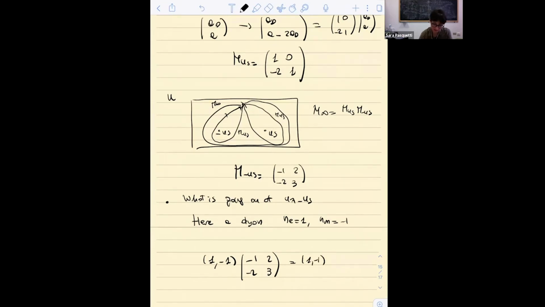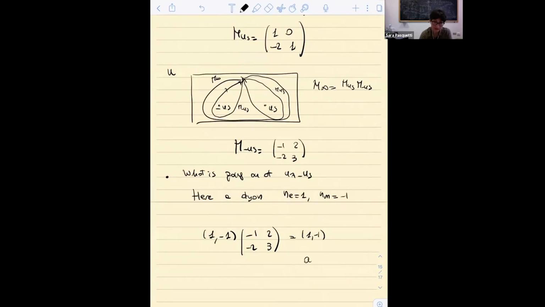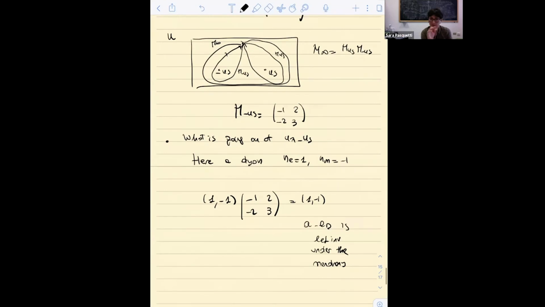So you can check that basically A minus A dual is left invariant under the monodromy. So this is the good coordinate that is left invariant by the monodromy around the point, so that's the good vanishing coordinate, telling us which is the particle going massless.